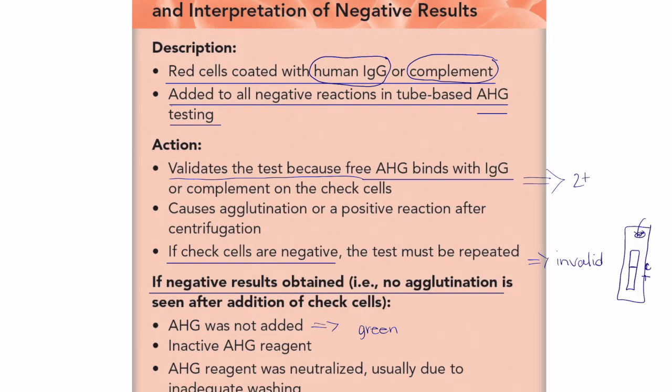Your reagent could be bad. So maybe it is green, maybe you did add it and it's still not working, and maybe it's bad. So maybe you need to repeat the test with different AHG. But honestly, the most common issue is inadequate washing. And that's kind of your classic issue with it, classic test question, and so forth.